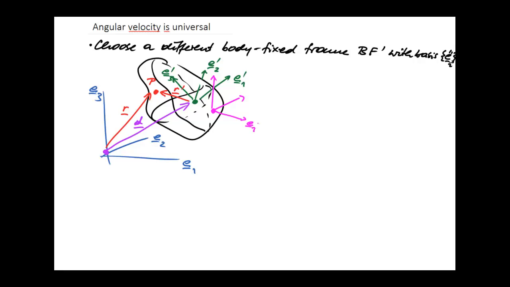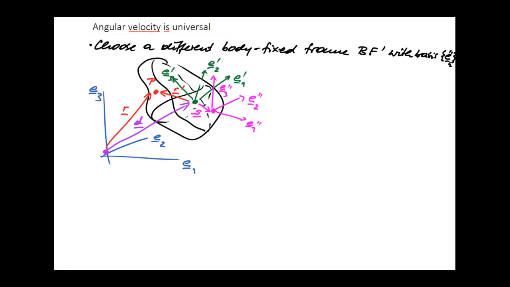So this is e_1 double primed, e_2 double primed, and e_3 double primed. The two body fixed frames, the original one, the green one, and the new one, the purple one, their origins are displaced by a vector which I would like to call little s.